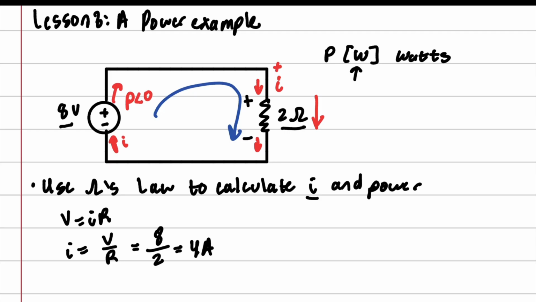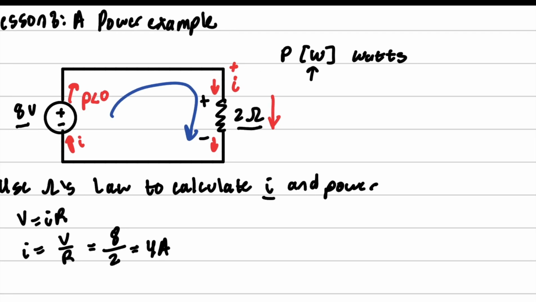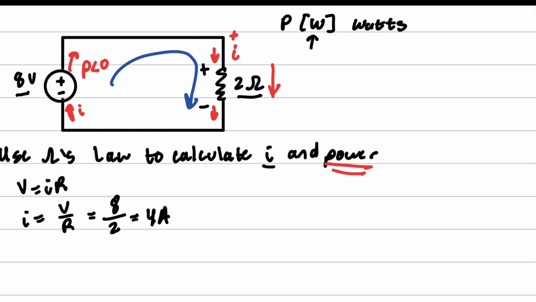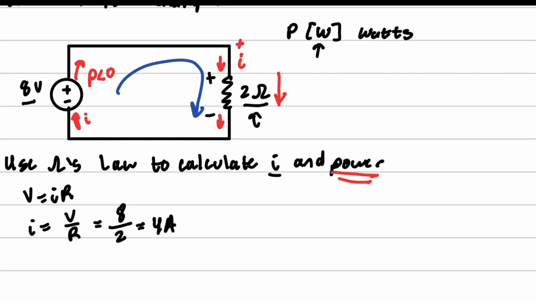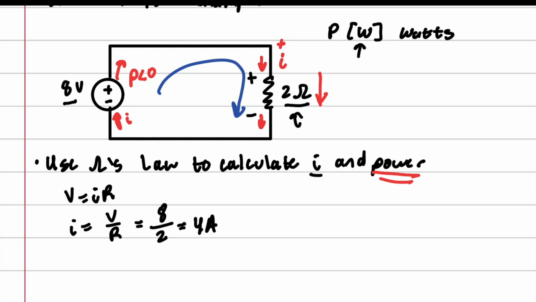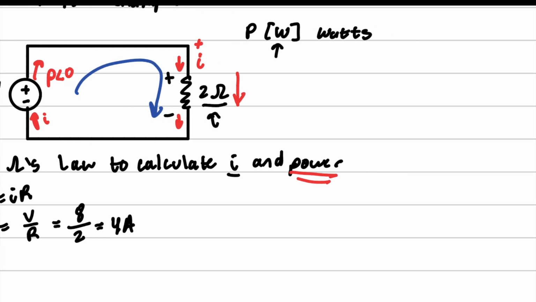I just said calculate power, which is super vague. We're going to calculate the power dissipated by the resistor, because with the passive sign convention, that's what resistors do, they dissipate power. And then we're going to calculate the power of the battery.